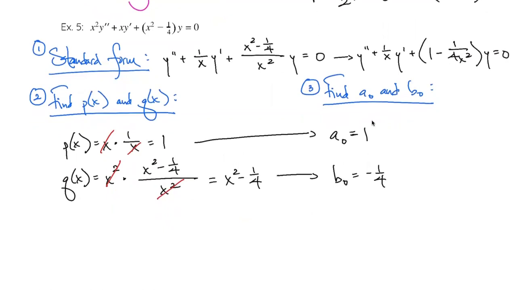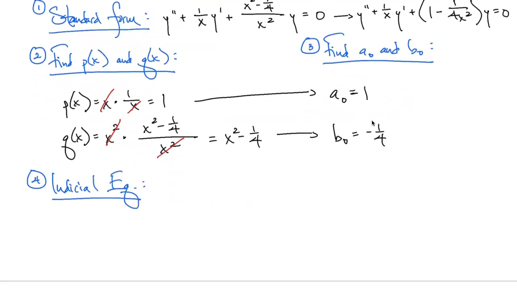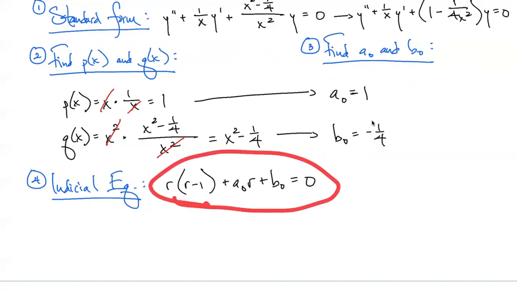All right, let's throw these into our equation and see what we get. r times r minus 1 plus a sub 0 r plus b sub 0 equals 0. Now, I think most of you are probably much more careful with your work than I am, but if you find yourself making mistakes, I would really encourage you to write out the formula so you know that you're plugging things into the right place.